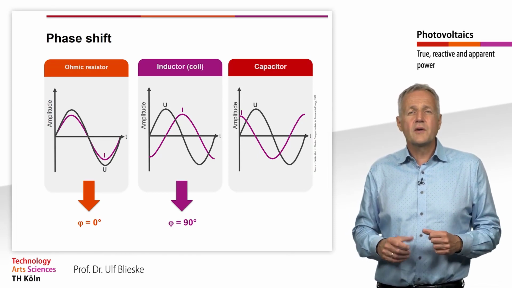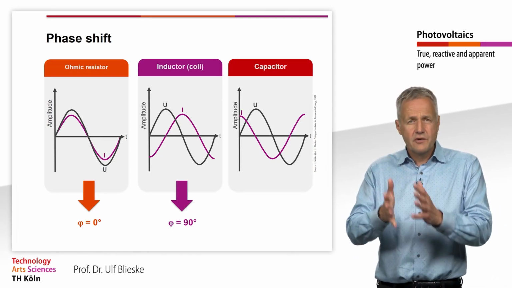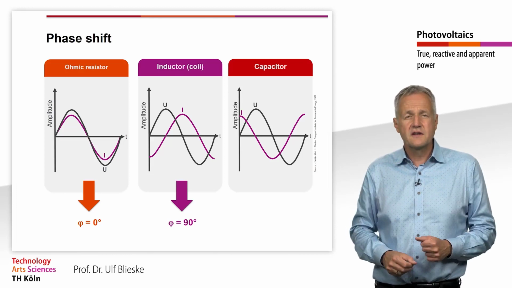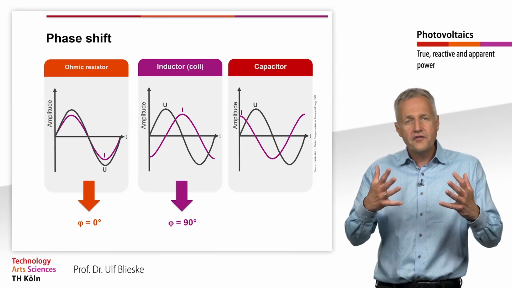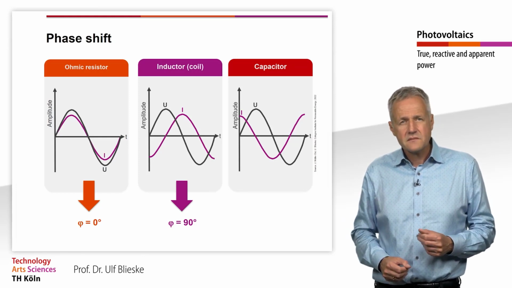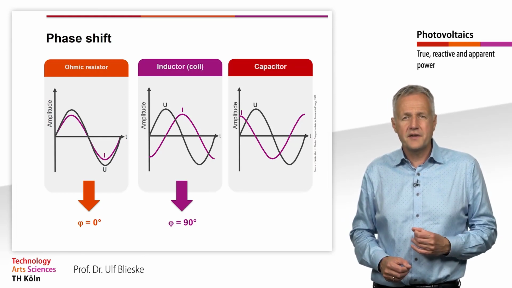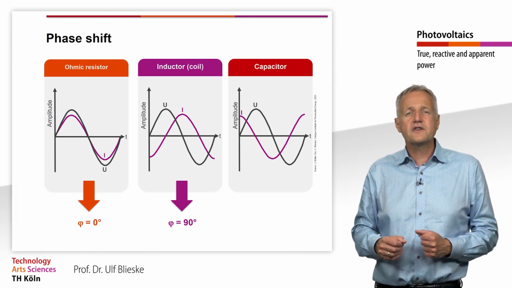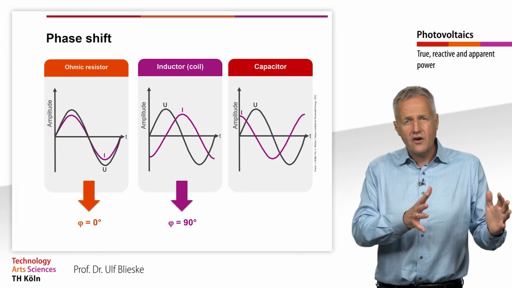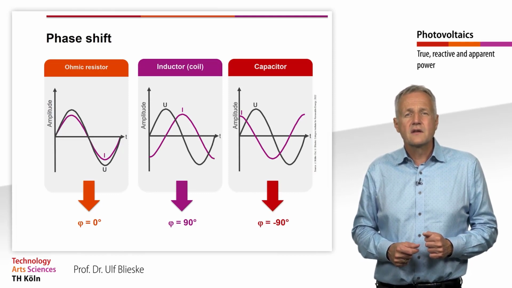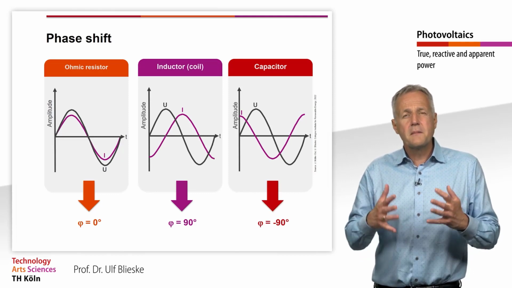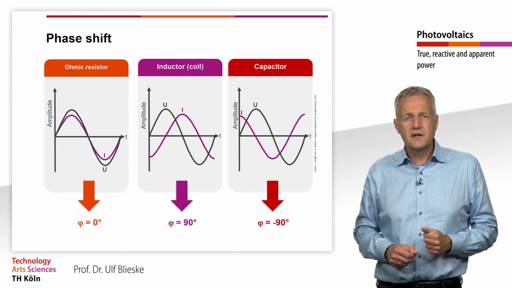The voltage is always at a maximum before the direction of the current changes, which leads to a polarity inversion of the capacitor. In the case of the capacitor, this causes the current to rush ahead of the voltage by 90 degrees. The phase shift is minus 90 degrees.